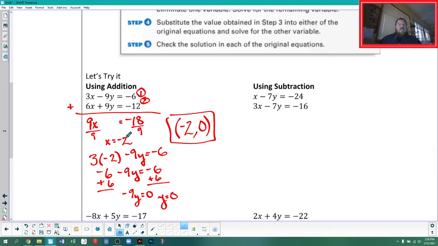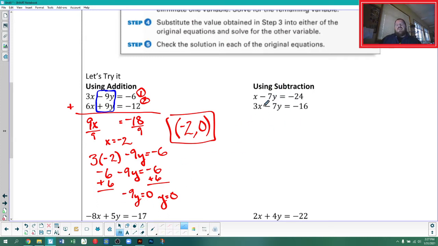And so that was using addition because I had opposites. I had these opposites on my y's. I could use addition and they would cancel out. If I have the same number right here, so here I have a negative 7y and a negative 7y, notice everything's already stacked, so I'm good there.